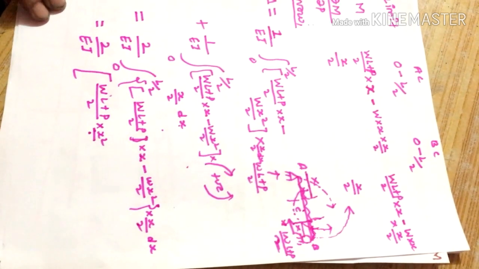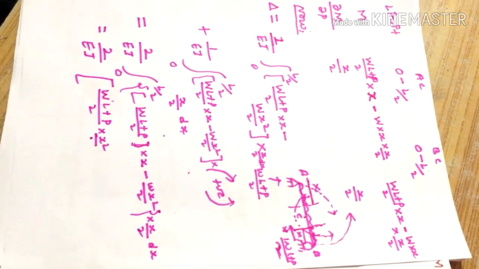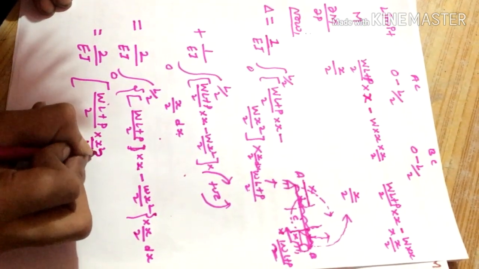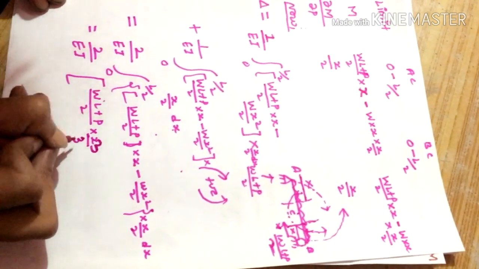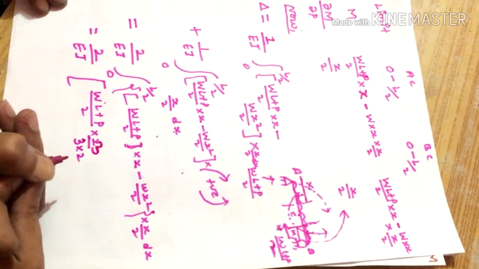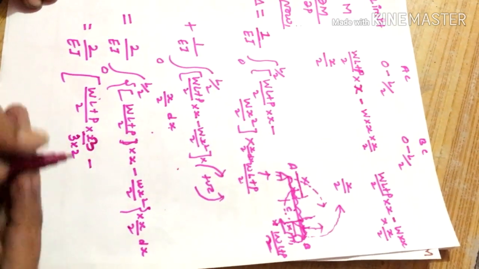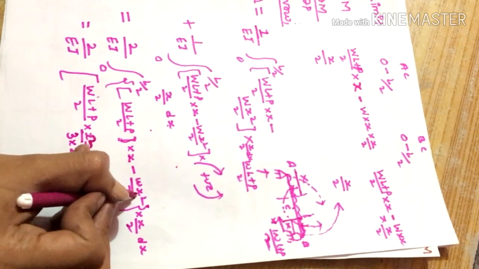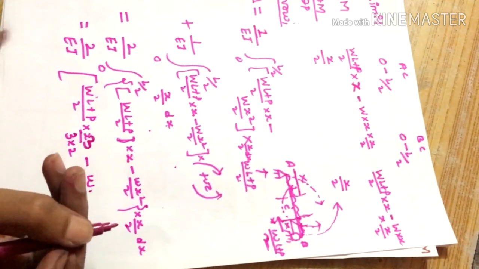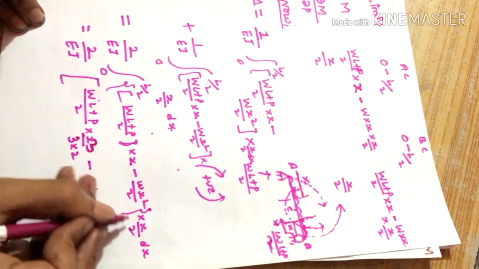On integrating X squared we get X cubed by 3, into 2. Here W into, multiplying X squared with X by 2, we get X cubed by 4.